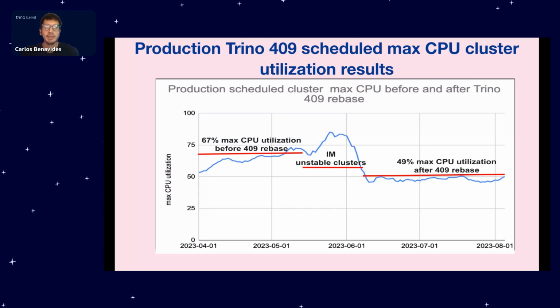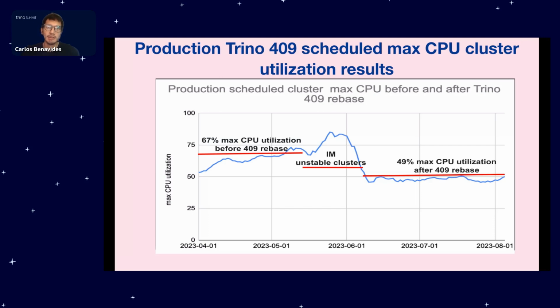However, we decided to rebase, and during the rebase, we actually ran into an incident, which was related to a transitive dependency causing a regression in the coordinator, which we'll get to on the next slide. So we had an incident after rebase and during rollouts, but after we resolved the issue, our scheduled cluster stabilized at around 49% after the rebase.